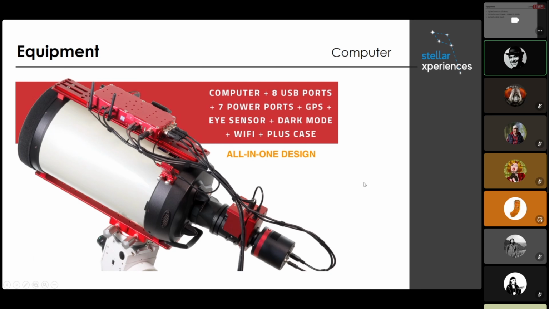In this way, your computer or your cell phone or even your tablet doesn't have to be just by your telescope. You can be in a warmer place and your telescope can be in a colder place outside. You can just communicate with this computer using Wi-Fi, and this computer will do everything. It will create the sequence.